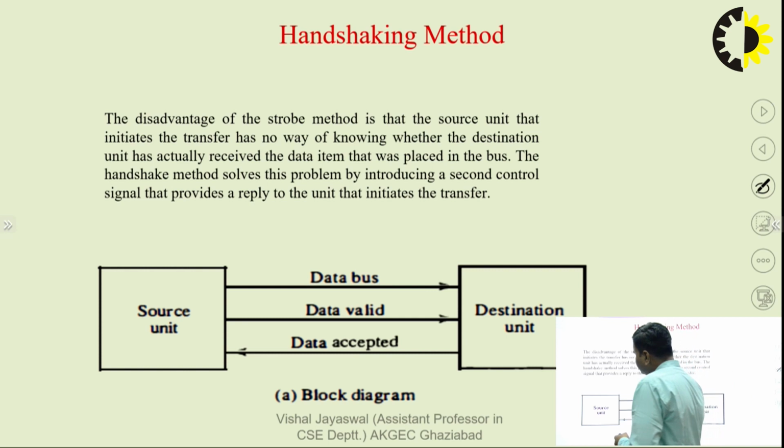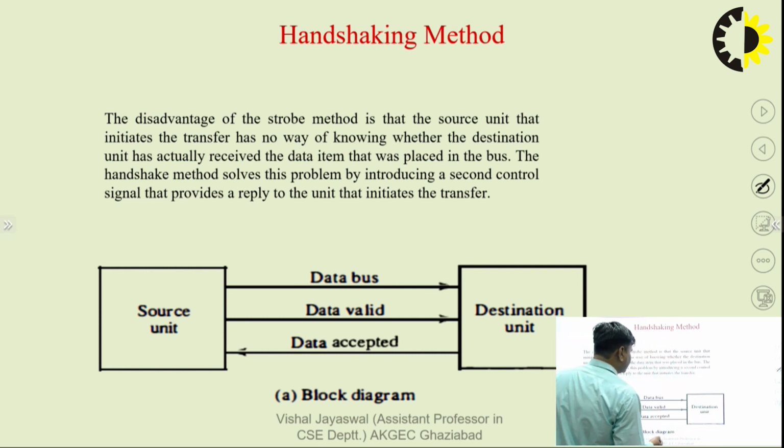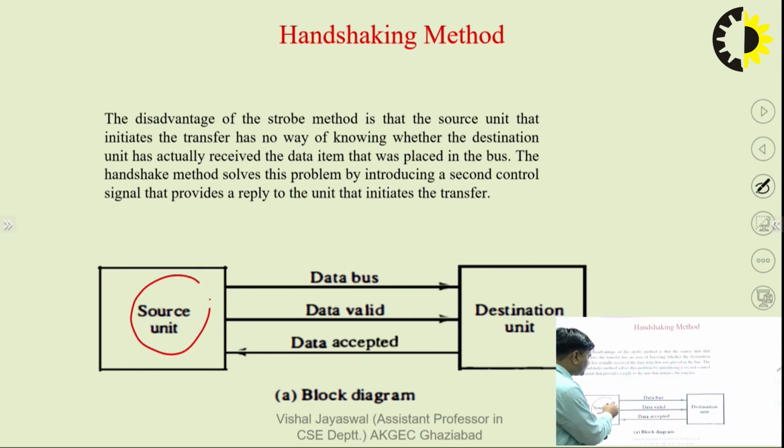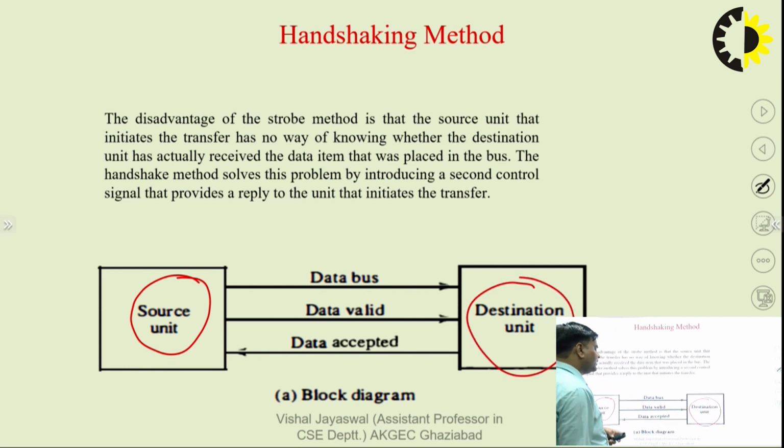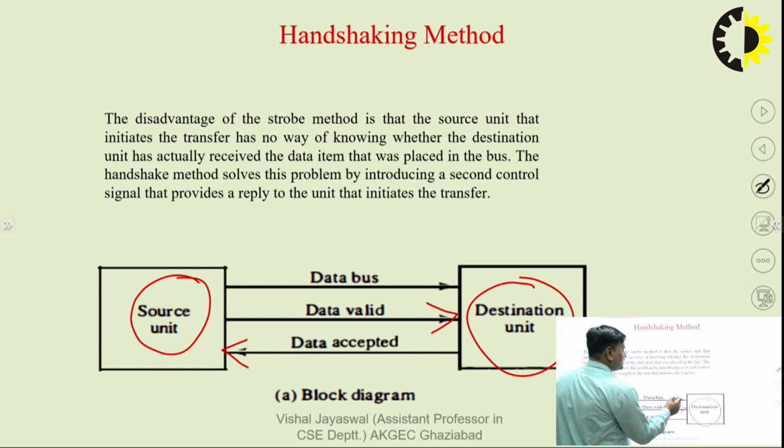In this case, we can see that there are two units, one is the source unit and another is the destination unit, and we use three lines. First is data accepted, that is in the direction from the destination to the source, and there is a data valid line, which acts as the strobe pulse line in the previous strobe control method, and there is a data bus line, that is in the direction from the source to destination.